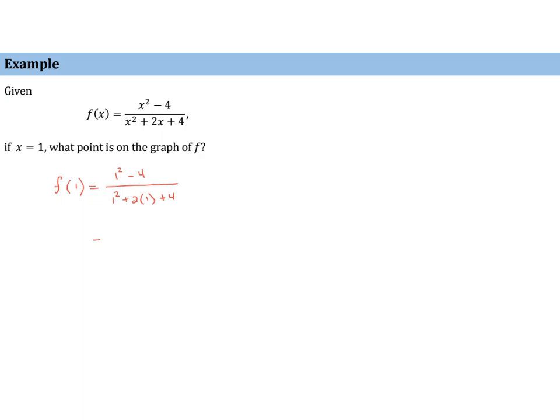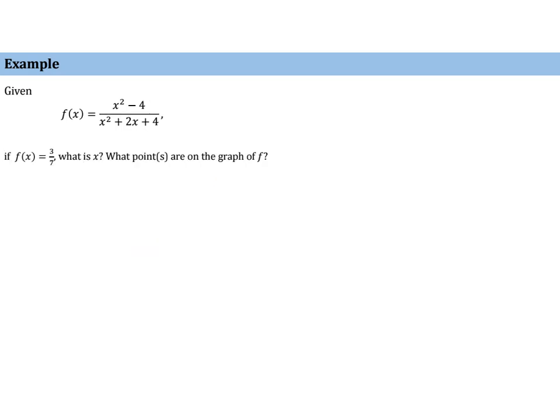So the numerator will be 1 minus 4. The denominator will be 1 plus 2 plus 4. And so this is negative 3/7. So what point is on the graph? 1 is the x value, and negative 3/7 is the y value.